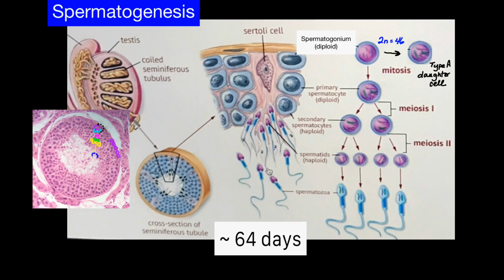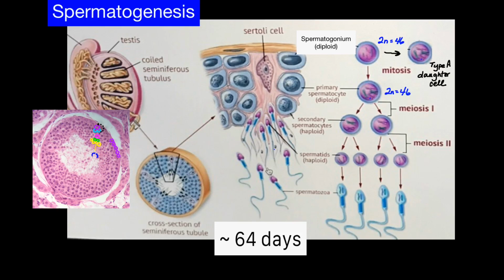So mitosis yields a type A daughter cell and a type B daughter cell. The type A daughter cell goes on and stays intact. Its job is to stay a stem cell. The type B daughter cell starts to grow and becomes a primary spermatocyte, because that's first.